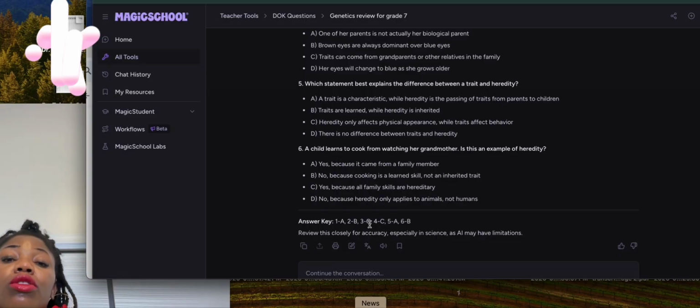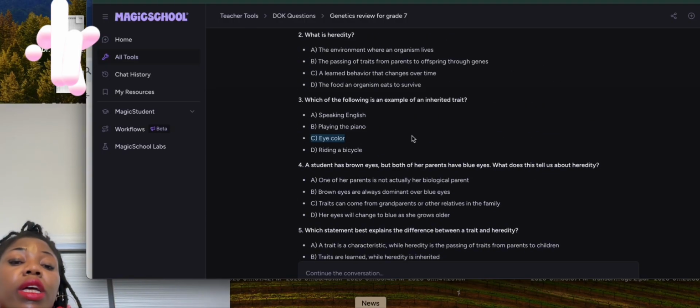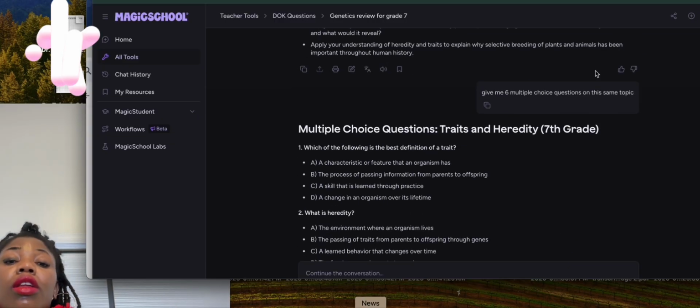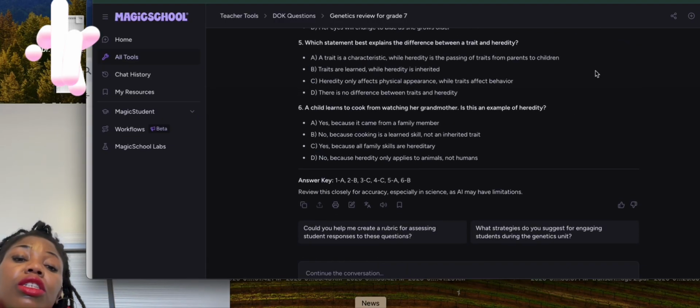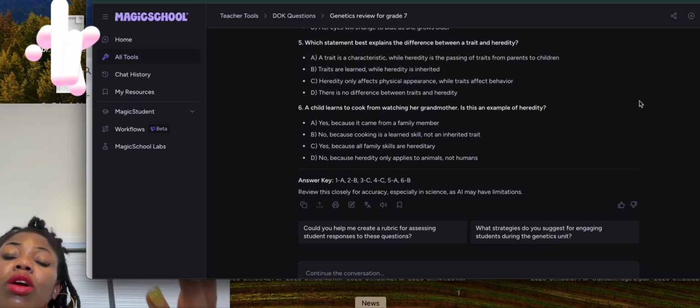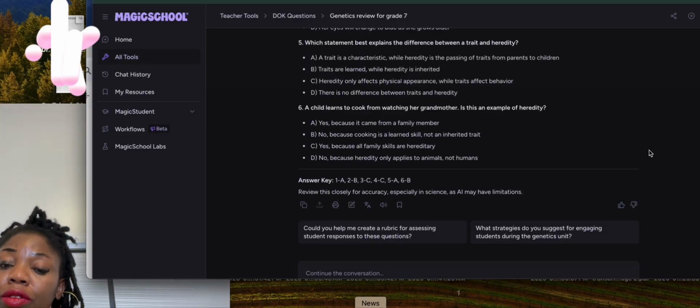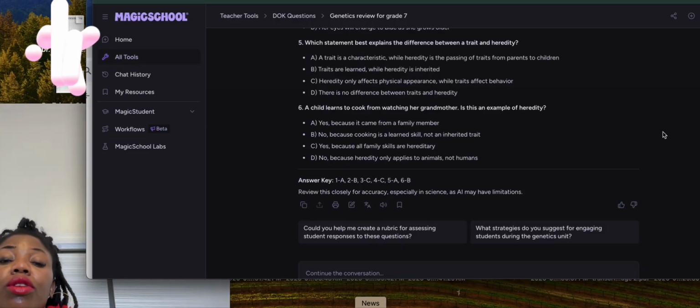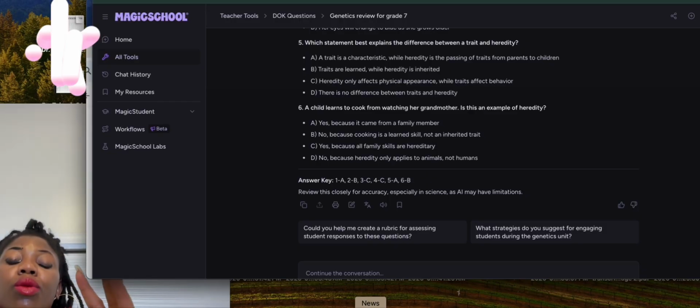You see how I told the tool to bring me 6 questions. It brought 6. You can cut it down. If you're a kindergarten or 2nd grade teacher, you can tell it to give you 4 questions on the topic of maybe recycling. It's bringing you those questions. Easy and seamless, right? With this tool, you have no issue with questioning.